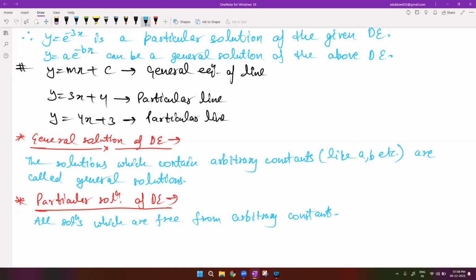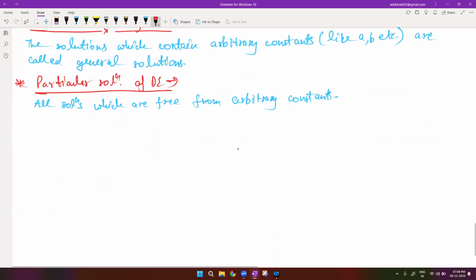So let's solve some of the questions which will be asked in this exercise. These are pretty easy. You just have to know basic differentiation and basic maths.